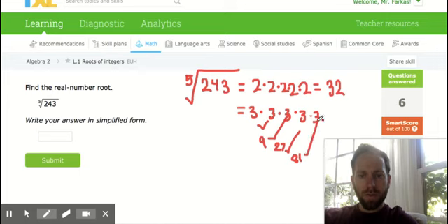And 81 times 3, that would be 243. Oh, look at that. That's 243.